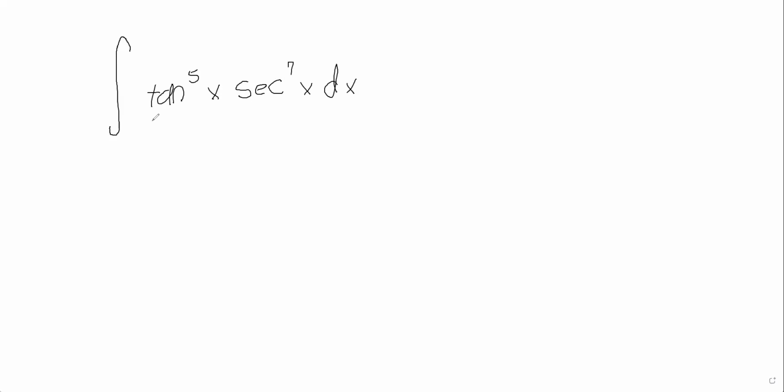We're going to use identities, but we also want to examine the relationship between tangent and secant as far as derivatives are concerned. When I was first learning this, I was always in the habit of putting the derivatives off to the side, just to have a quick reference. So the derivative of tangent of x is secant squared of x.